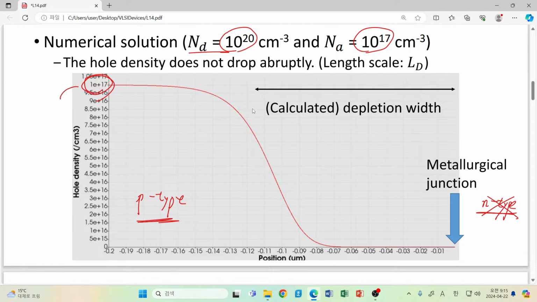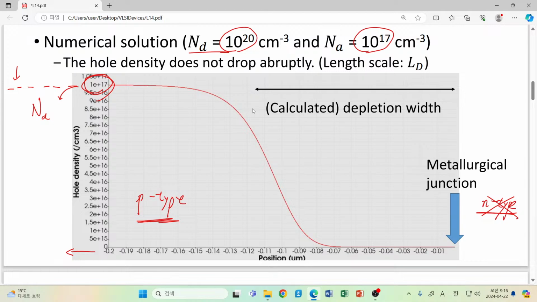It is because our acceptor density is given as 10 to the 17. So if we go further deep into this p-type region, then we expect that the hole density is constant. Now this part is the really boring part. This is called the quasi-neutral region, and we have a situation quite close to the local equilibrium case.